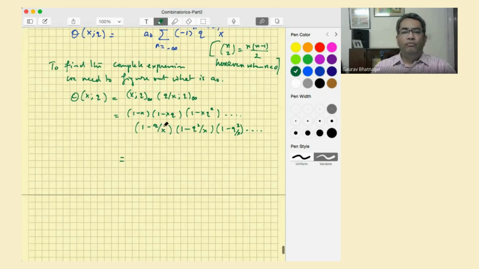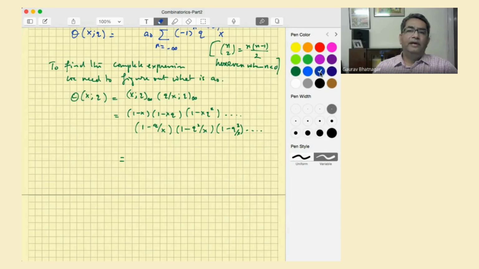So which term is a constant term? I'll pick some terms here and some terms here. So here I'll pick, let's say, A1, A2, A3. Let's say I take R of these factors. Then I have to take R of exactly those factors here, so that x and 1 over x cancel. Then only I'll get a constant term.